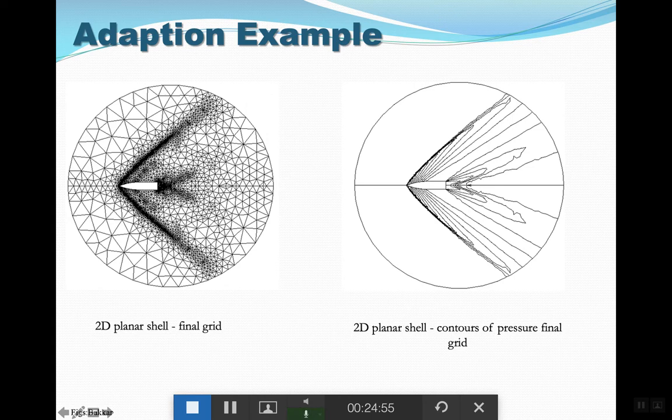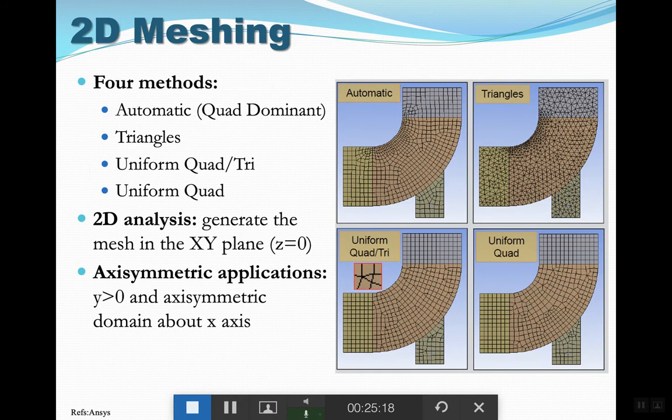You see here, as the bullet moves, the region in front of it becomes refined, and as it passes through, it goes back to coarse. This is called gradient adaptation, and it is done in the software automatically, of course, using the controls that you have given the software. We will see the example if we come across it in our workshop.